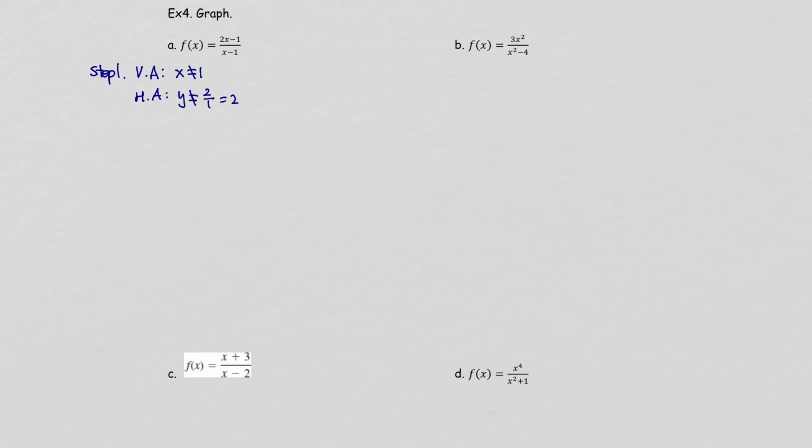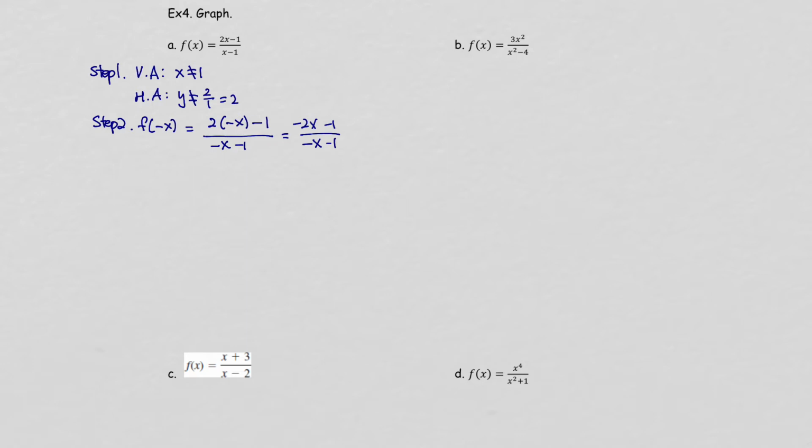And then step 2, let's see if there is any symmetry. In order to tell symmetry, you're going to replace x with negative x, so that you get 2 times negative x minus 1 over negative x minus 1. When you simplify it, you get negative 2x minus 1 over negative x minus 1.